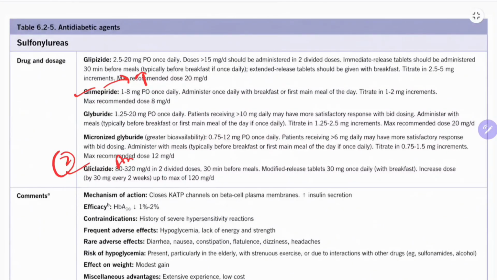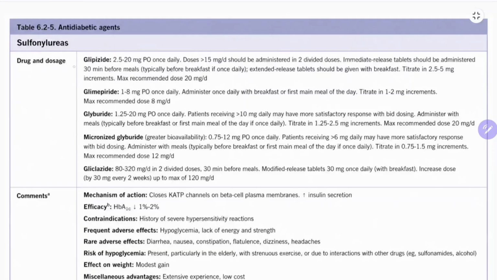It has antioxidant properties, but it is always used in MR form in normal patients who do not have any CKD, and also in the normal form, meaning not in extended release formulation, the normal gliclazide formulation. They are used in CKD patients also. Why? Because they are very much short acting. They will act for 4 to 6 hours. That's all. Okay, that you should remember. So these two drugs are very much commonly used.